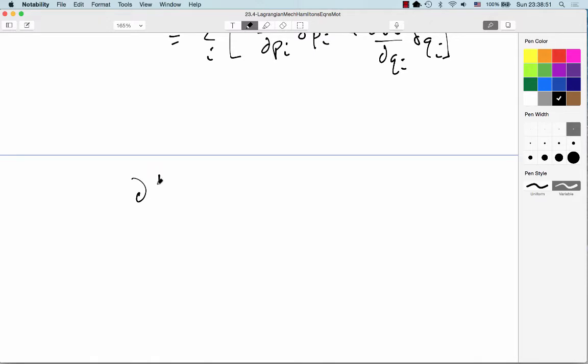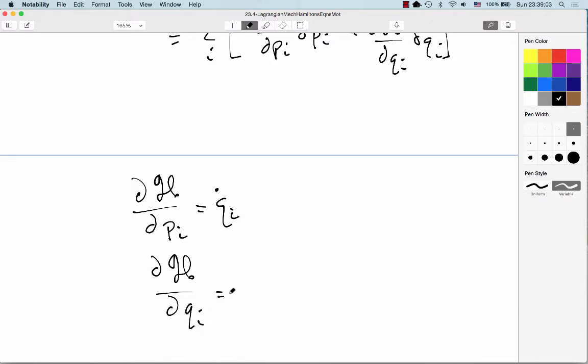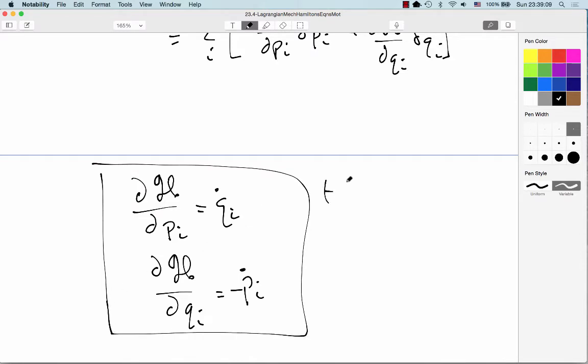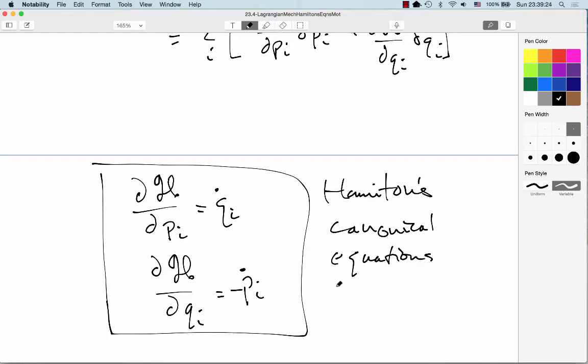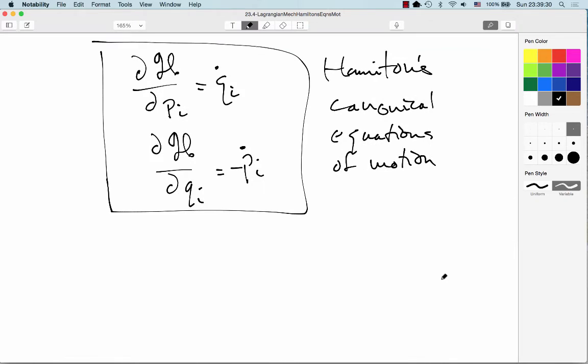They say partial H partial p_i equals q_i dot, and partial H partial q_i equals minus p_i dot. So basically you've got a choice.